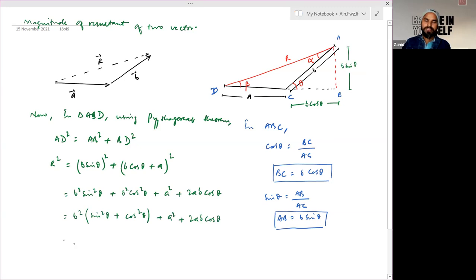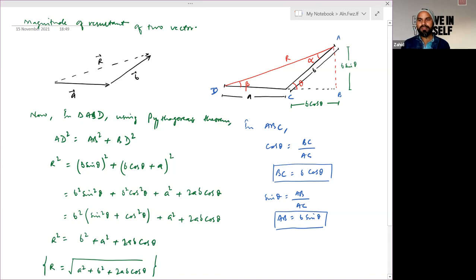As we know, sine square theta plus cos square theta is 1. So you're left with B square plus A square plus 2AB cos theta equals R square. Since we have to calculate the magnitude of R, move the square to the other side. So you will get root under A square plus B square plus 2AB cos theta equals the magnitude of this resultant. Is it clear?